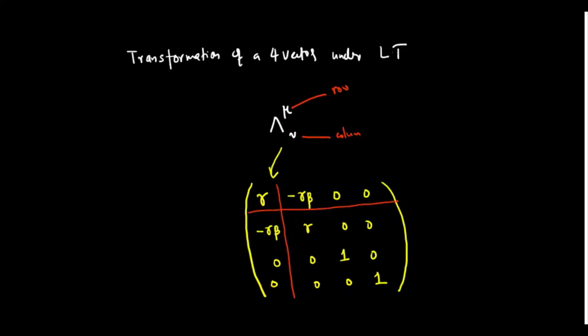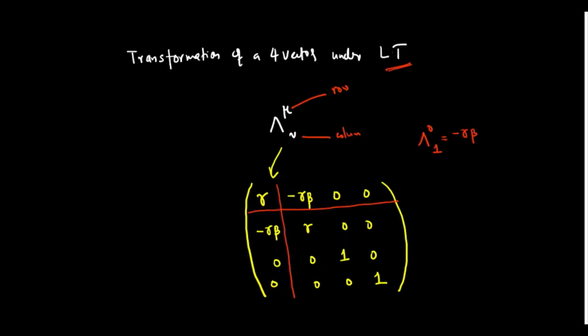For example, if I want to calculate the element 0 1, it is the zeroth row and first column. So 0 1 is nothing but minus gamma beta. In that way you can find all the components of this matrix. This is the Lorentz transformation matrix.